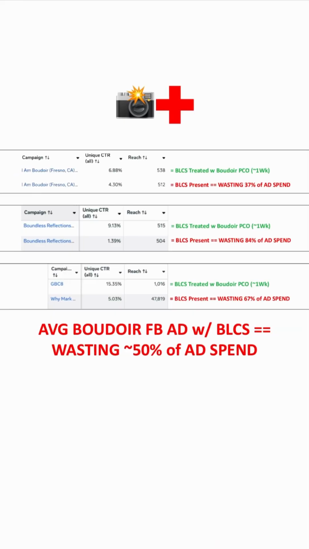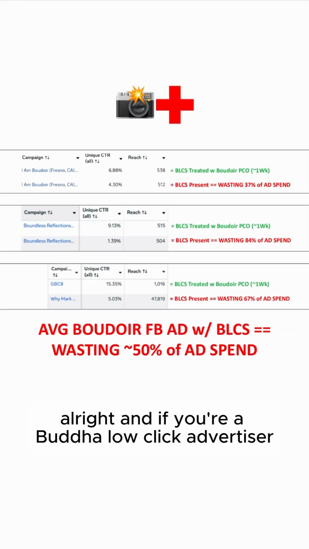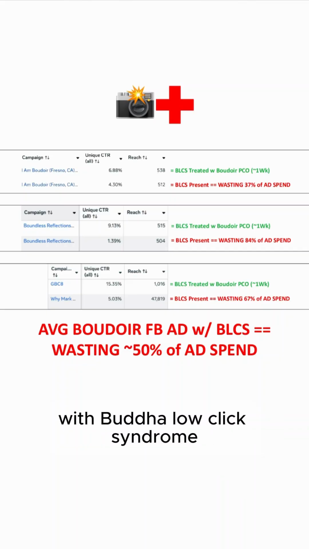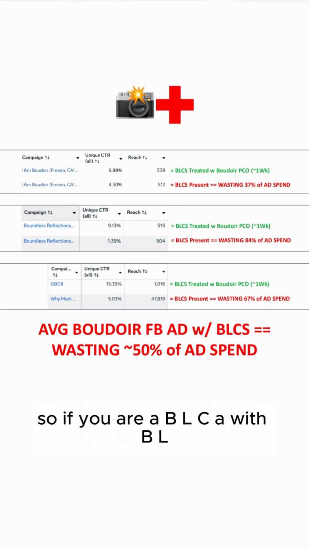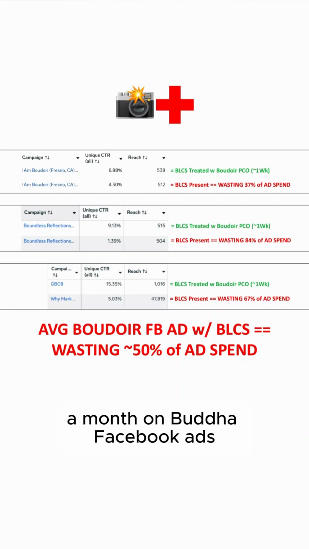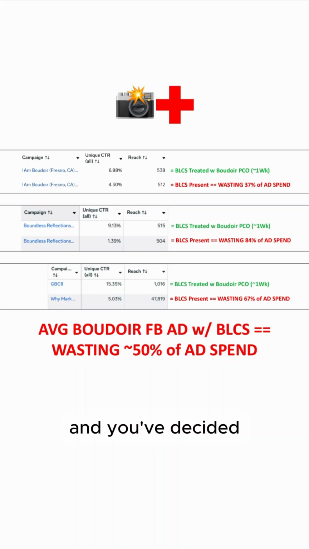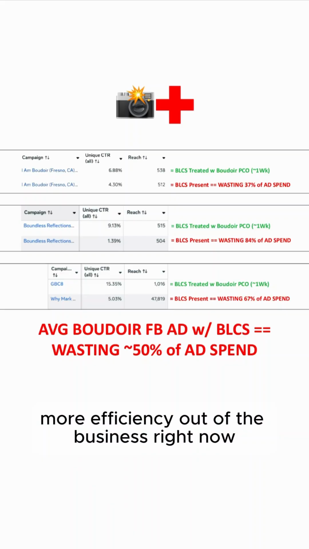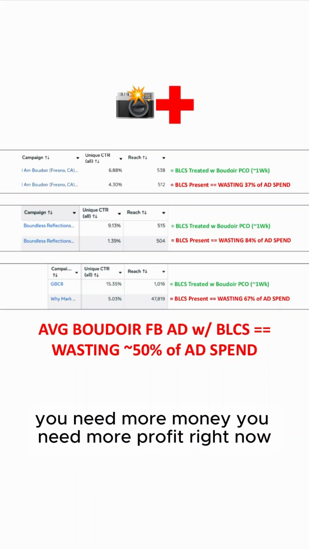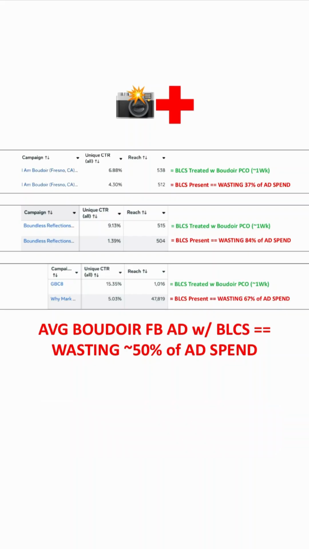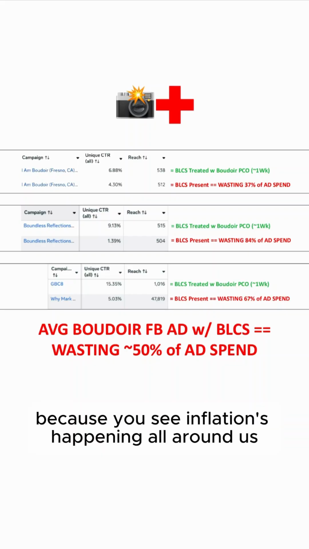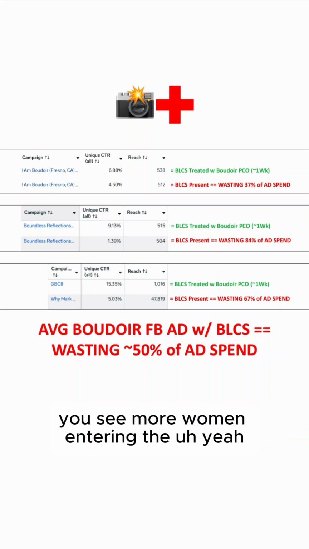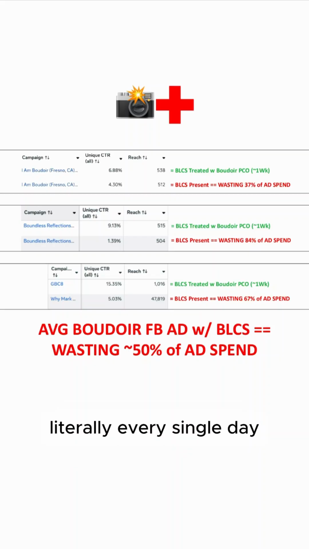All right, and if you're a Boudoir low click advertiser with Boudoir low click syndrome, so if you are a BLCA with BLCS, and you're spending more than 10 grand a month on Boudoir Facebook ads, and you've decided you've got to pull more efficiency out of the business right now, you need more money, you need more profit right now, because you see inflation is happening all around us, you see more women becoming boudoir photographers literally every single day.